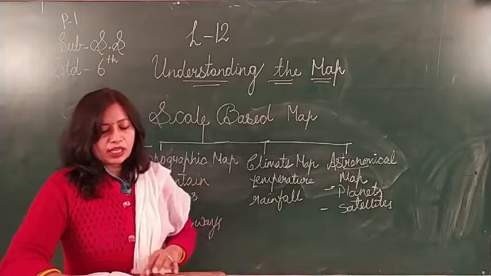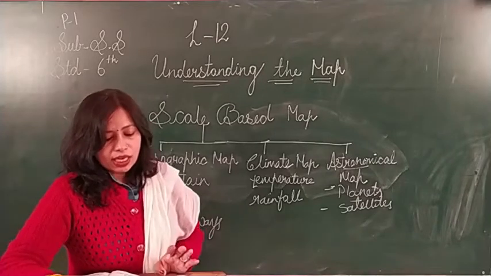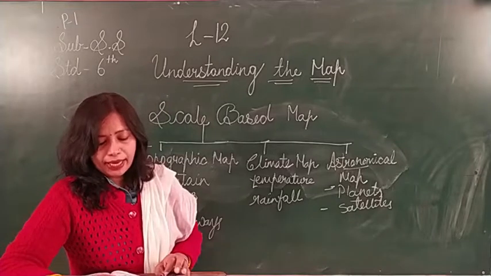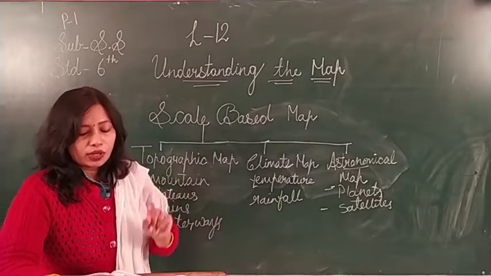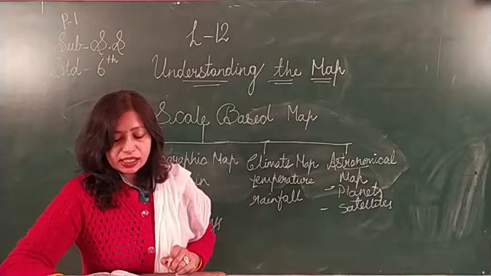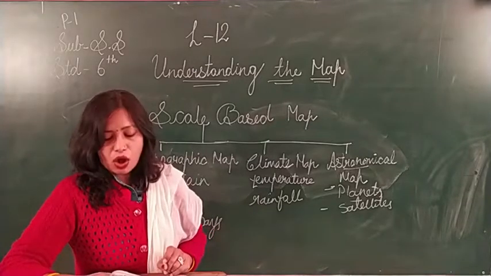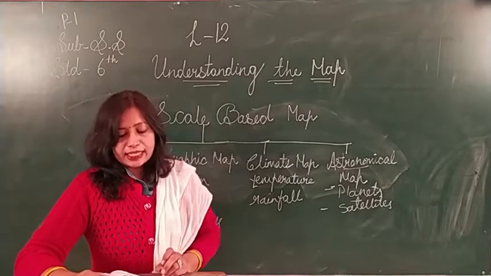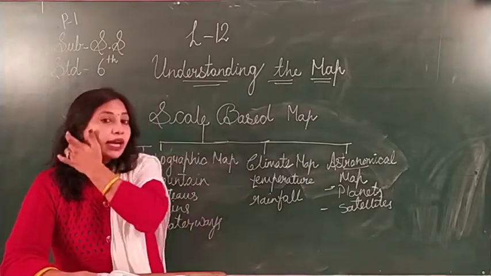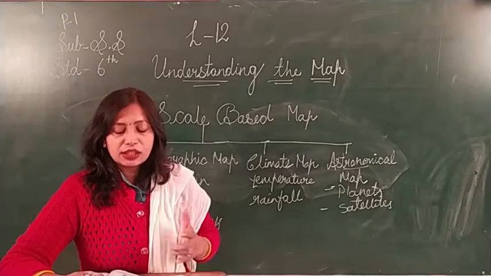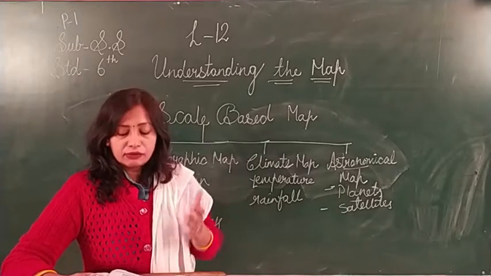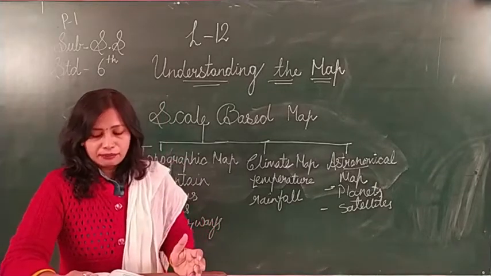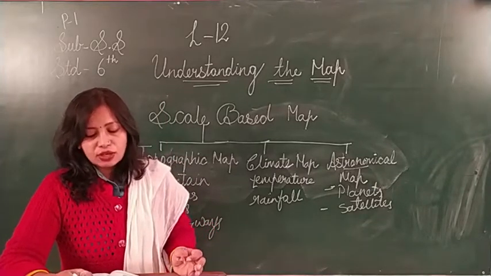Now we will study about the cultural map. What is it? The map which outlines the man-made details, the details made by man, is called a cultural map.